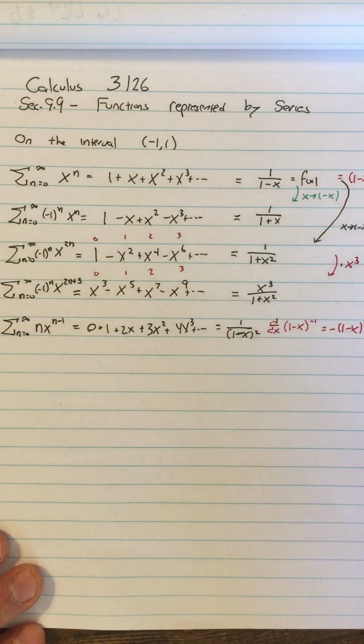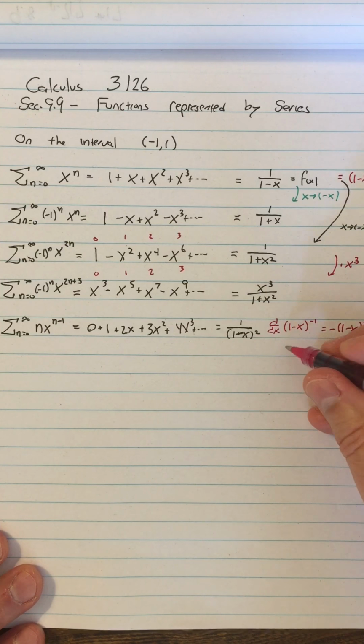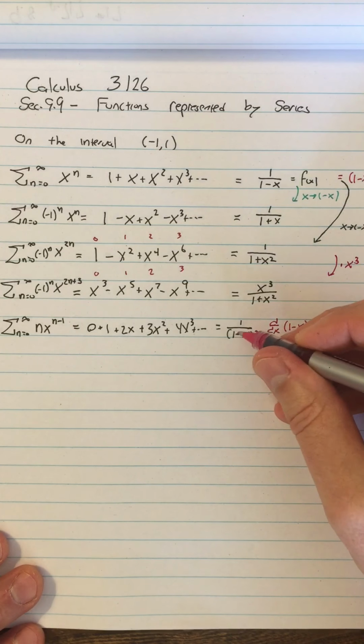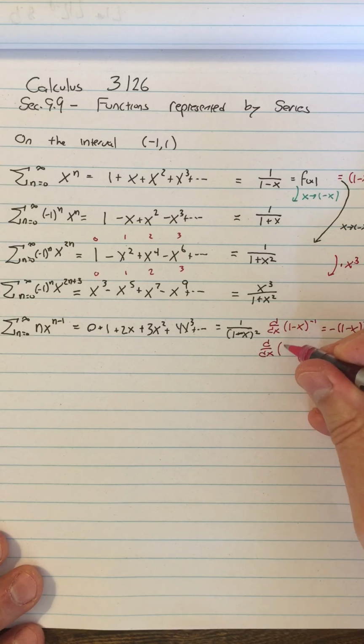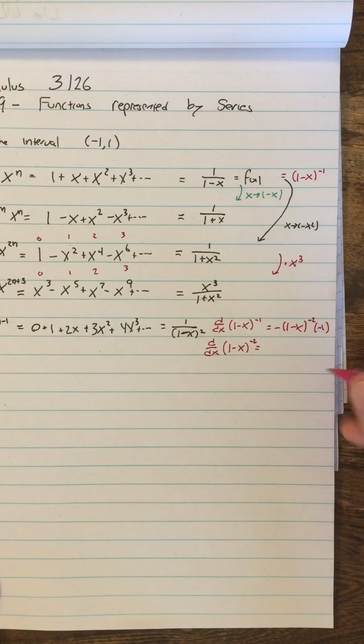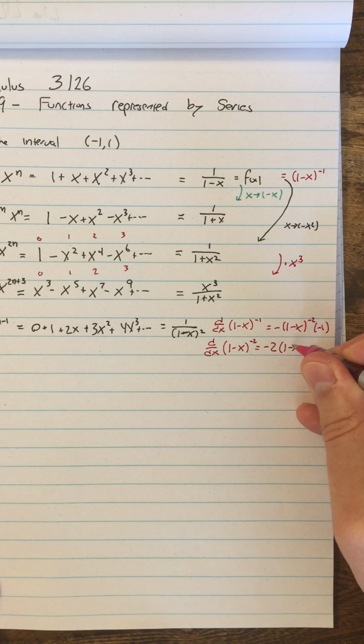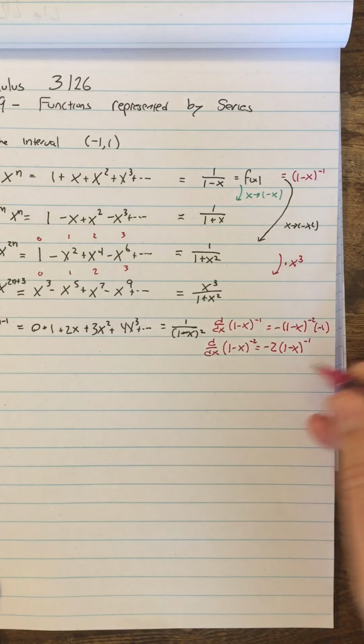So let's do another derivative. Let's do the second derivative. Let's do the derivative of this one, which is 1 minus x to the negative 2. Using power rule, I'm going to have negative 2 times 1 minus x to the negative 1. But then I have chain rule.